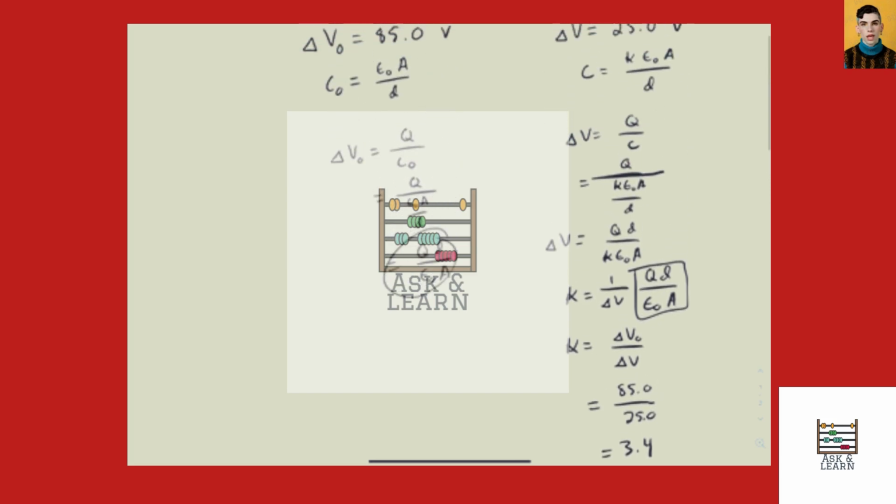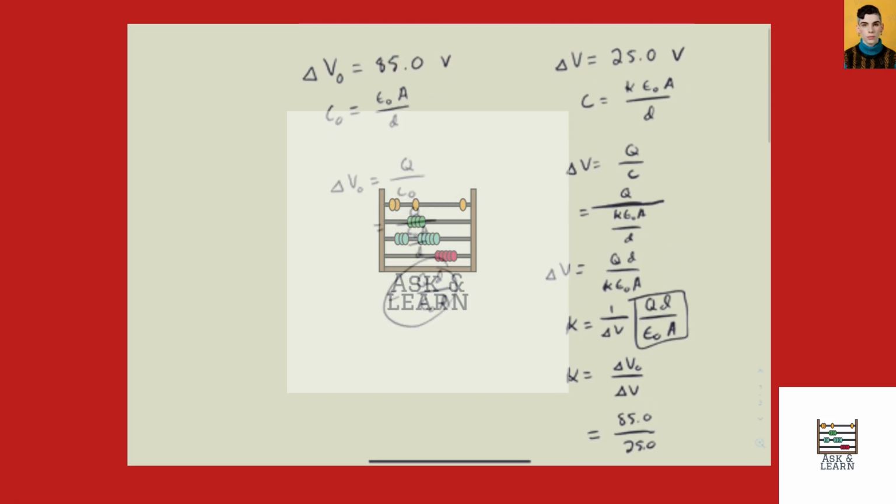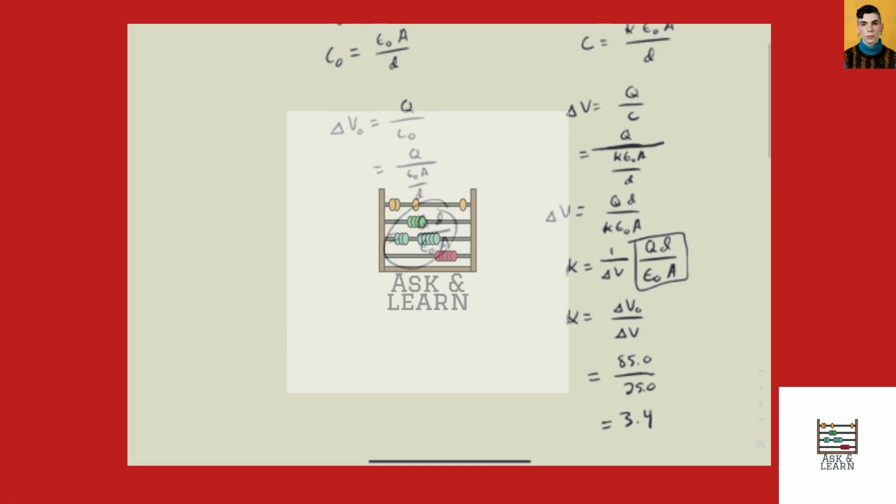Now if the capacitor weren't totally filled with the dielectric, then the constant wouldn't be quite as large as it was for nylon, because part of it would be filled with air and part of it would be filled with nylon.